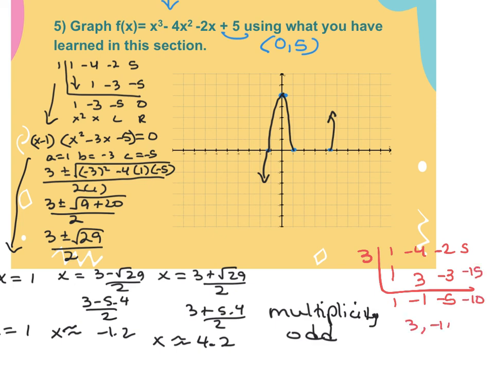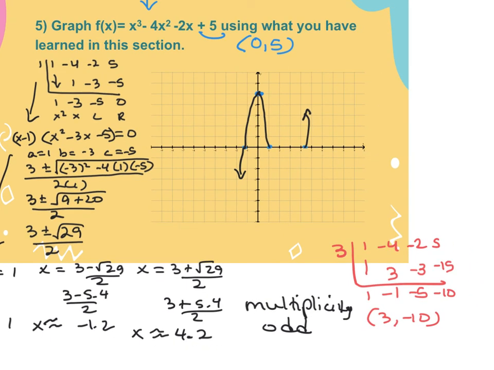So 3 comma negative 10 is going to be my next point. If I come down here, 1, 2, 3, 4, 5, 6, 7, 8, 9, 10. Let's just say it's around here. We'll put it down here somewhere. Make it come down, connect, and there's your graph.